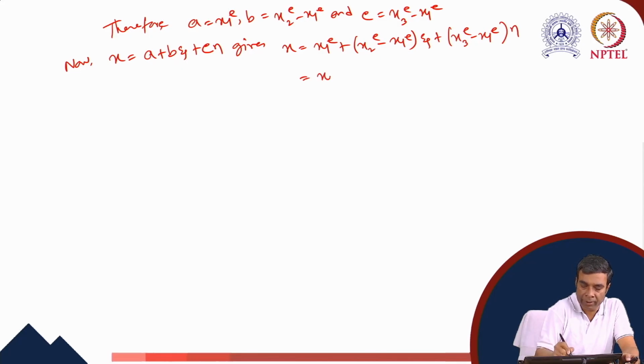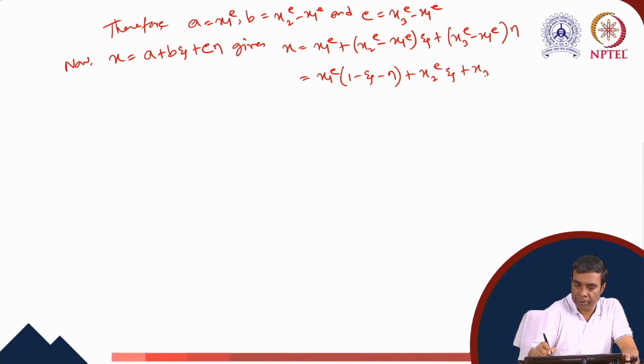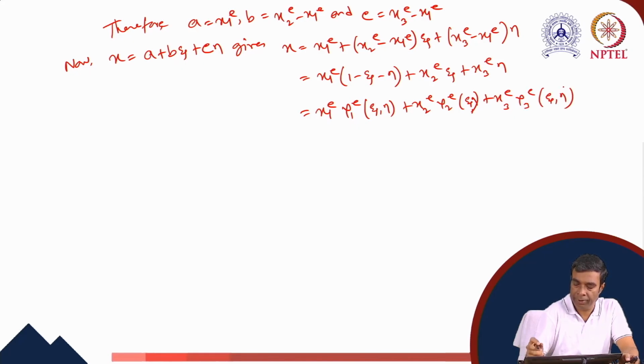This gives us x1e into 1 minus xi minus eta plus x2e xi plus x3e eta, equals x1e psi 1e plus x2e psi 2e plus x3e psi 3e.